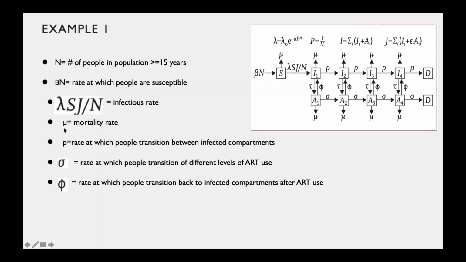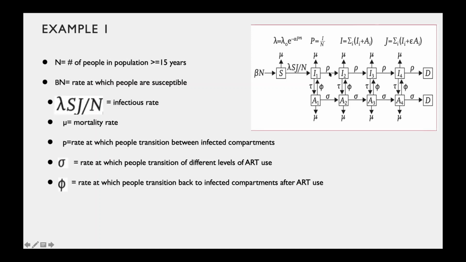When it comes to this mu, this is the mortality rate. And so again, we talked about how not all of the models take that into account. Well, this one does, because the mu is taking into account that people are leaving the population and dying out, either from being susceptible, or if they die when they're infected, or at different parts of infection. The P is the rate at which people transition from the infected compartments.